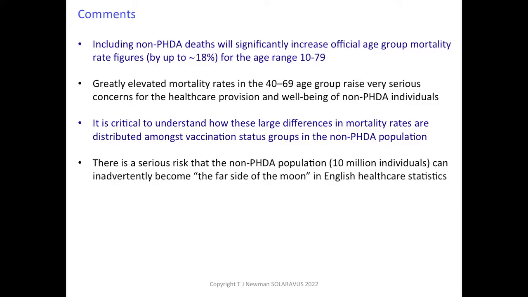There is a serious risk that these 10 million individuals in the non-PHDA population become what you might call the far side of the moon in English healthcare statistics: something that we know is there but is simply not observed, and maybe is lazily assumed to be similar to the thing that we do observe, whereas actually what we find here is that there are very grave and stark differences in mortality rates in that population.